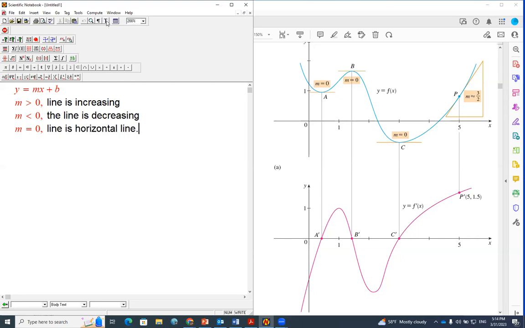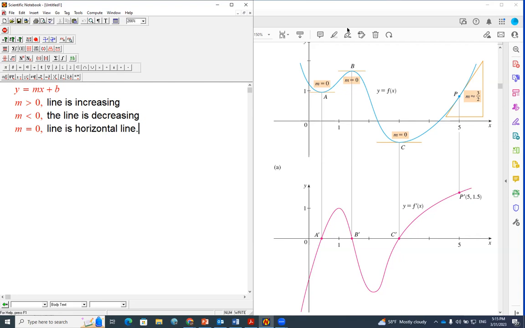It's a horizontal line. Well, in later chapters, we will learn other things about what if it's a curve, not a line. But since we know the derivative is the slope of a tangent line, you see, this is the curve, and this is its derivative.